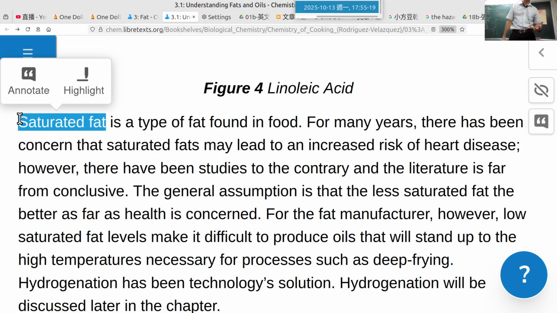It's very embarrassing. We three brothers and sisters have a background in biochemistry, so we know that too much saturated fat is not good for us. But my mother didn't know that.